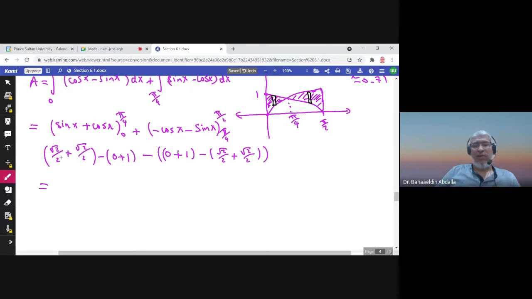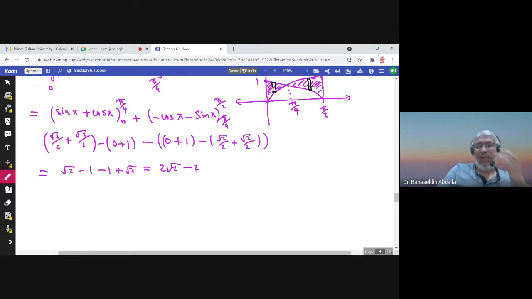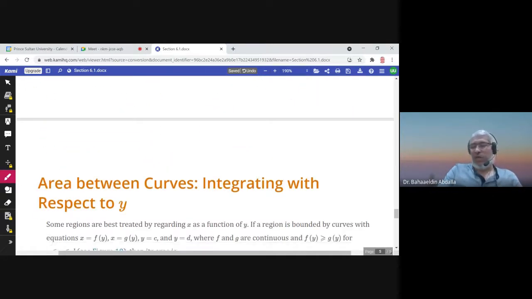So if you add these two, you get 2 square root of 2 over 2, which is square root of 2, minus 1, and this is minus 1, and plus square root of 2. So the answer would be 2 square root of 2 minus 2. This would be the area between cosine and sine in this interval.